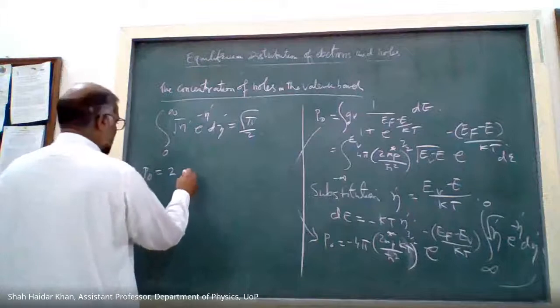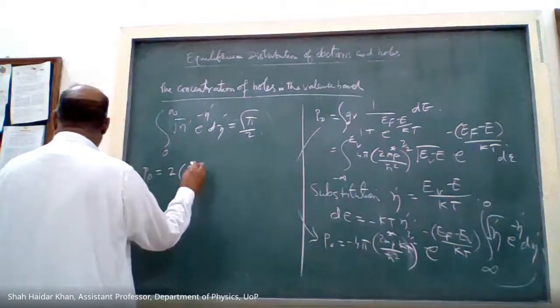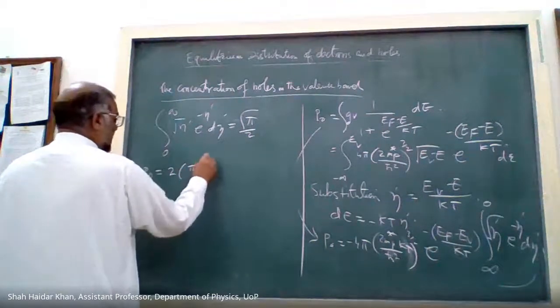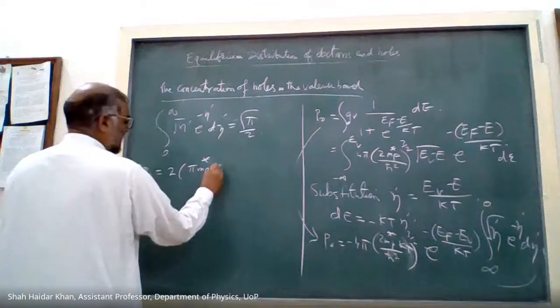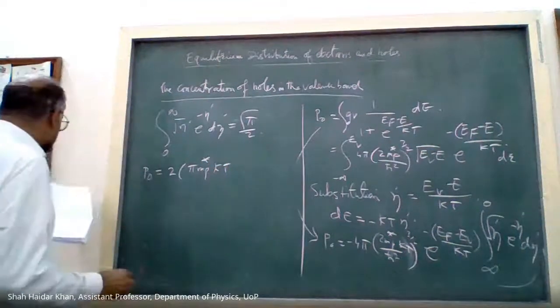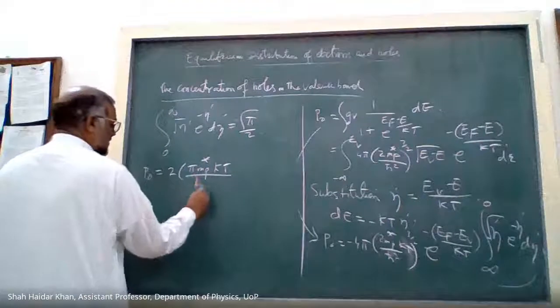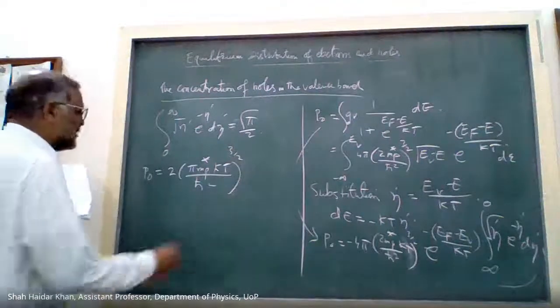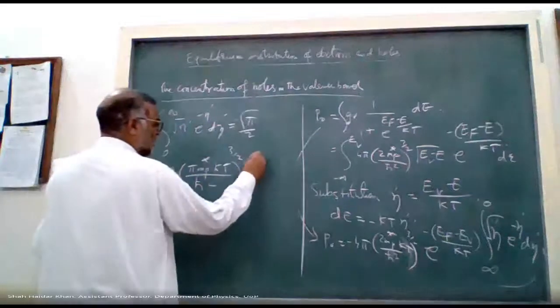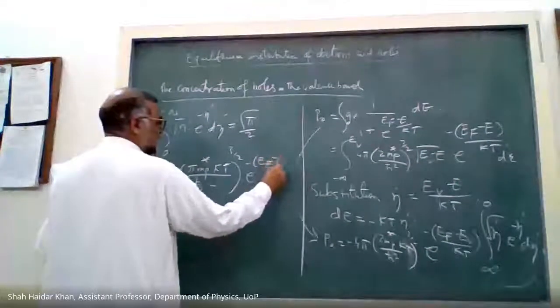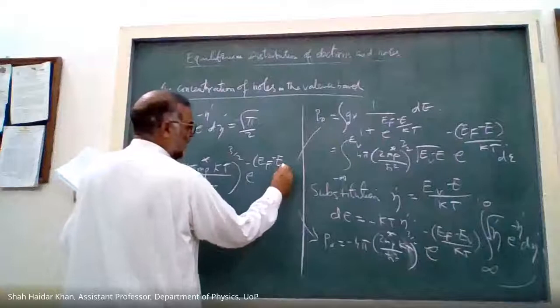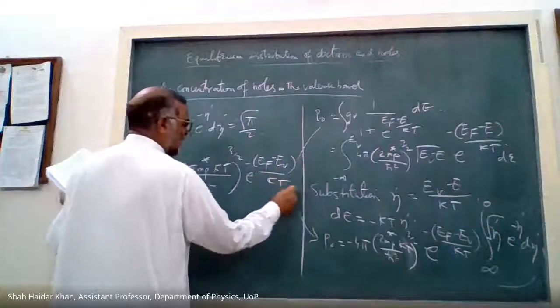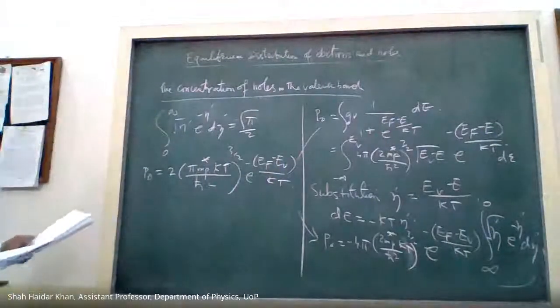So it will be pi m_p star KT divided by h cut squared, to the power 3 by 2, e to the power minus EF minus EV over KT.